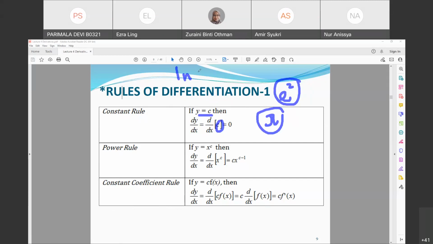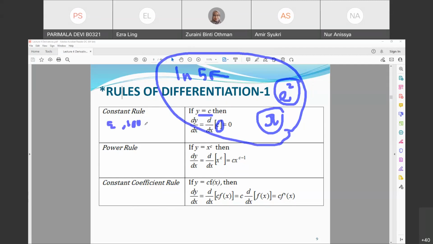Or you put ln 5, it's also a number. Besides this we have ordinary numbers, for example 5, 1000, 2000. Then we have negative 50 for example. Okay, this is also a number. And all this kind of number, we know that the rule of differentiation for this will be zero. It will always be zero. Can?